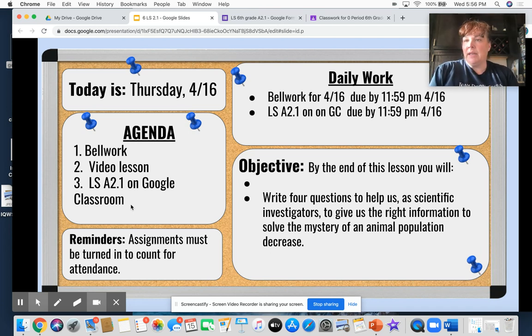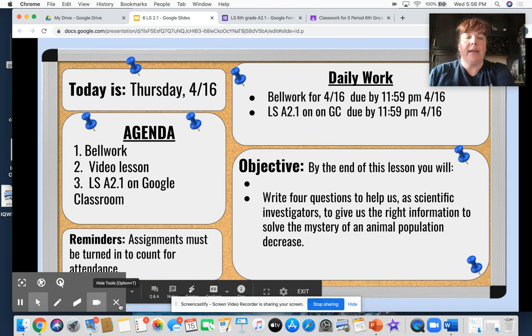In your reading, what was the cause of the decrease? If you remember, they had found that they were being overhunted. A predator, which was man, had been overdoing what needed to be done, and it was affecting their population. Once they were able to correct that, they were able to find out what that interaction was that was having such a bad effect.